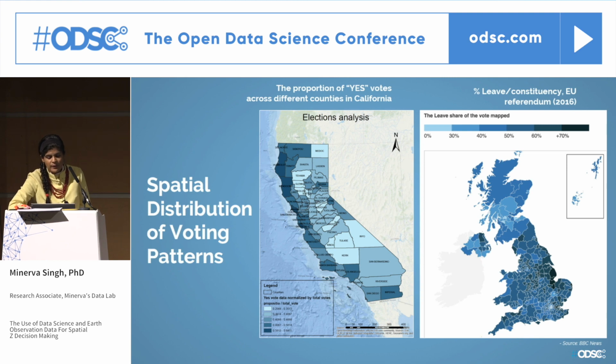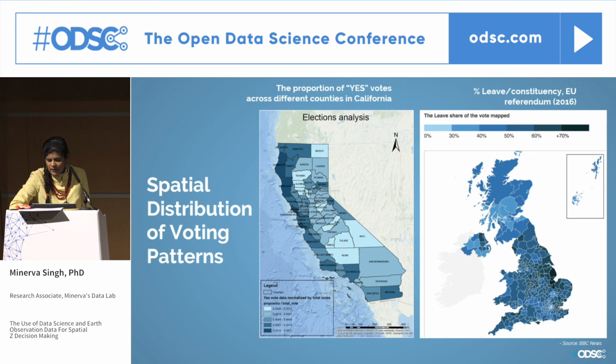With this, you can actually see how the leave vote was distributed throughout the country. There are places, especially in the far east of England, where it would seem that more than 70% of the electorate voted out, and there are parts in the northern parts of the United Kingdom where less than 30% of the electorate voted out.